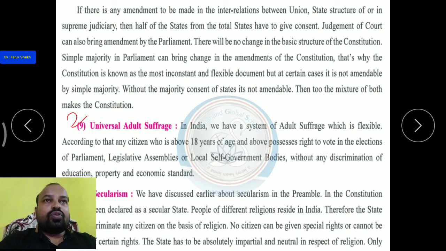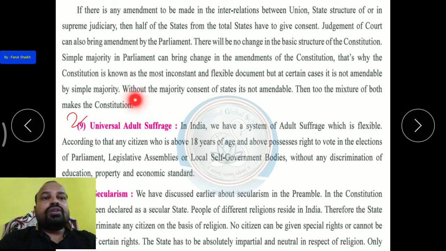Like if government wants to do an amendment related to any religion, any caste, any creed, that type of amendment can't be made. किसी एक धर्म के लिए अगर कोई कॉन्स्टिट्यूशन में कोई रूल्स डालना है, it can't be made because it is against the constitutional rules.